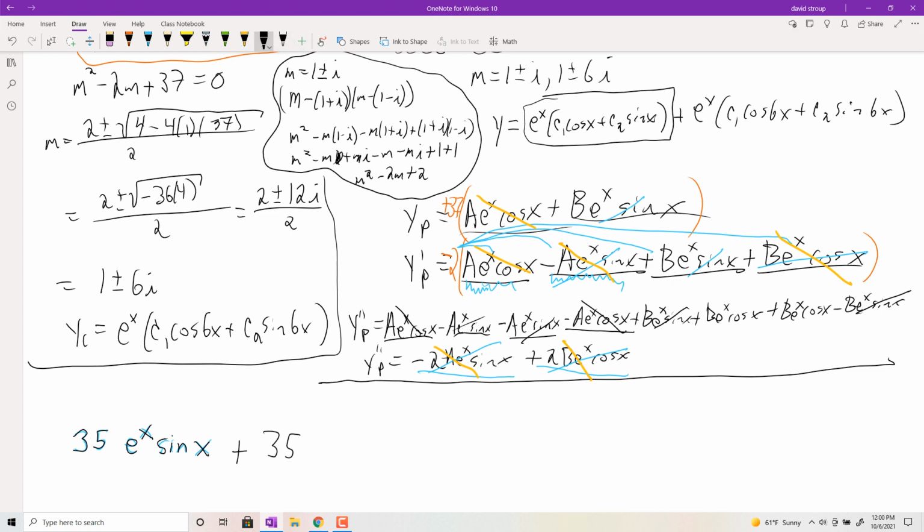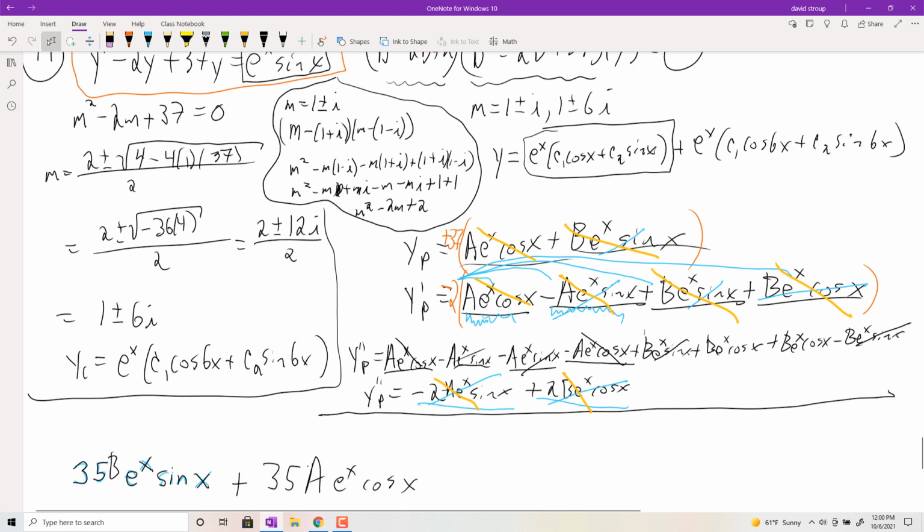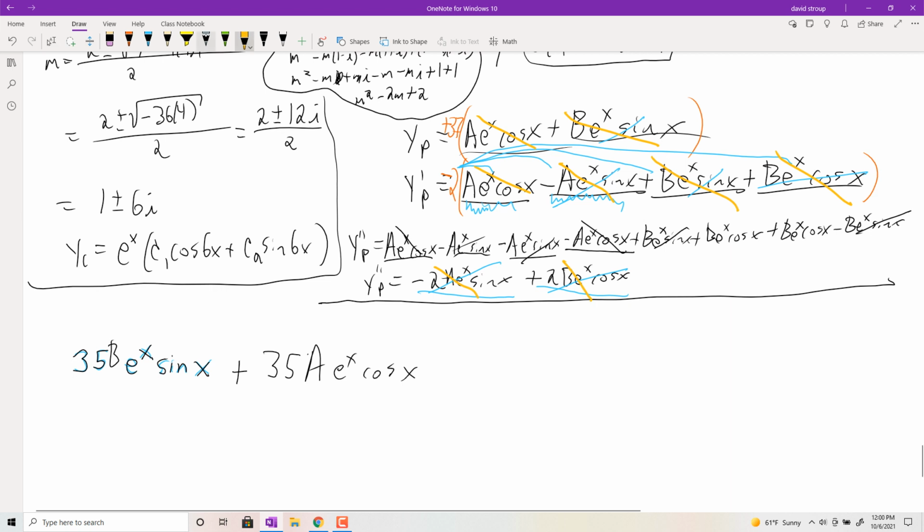So 35, and I lost my b on the first guy, I think. 35a e to the x cosine x, plus the 37 minus the 2, so 35b e to the x sine x, and I'm okay, right? So that all equals e to the x sine x.